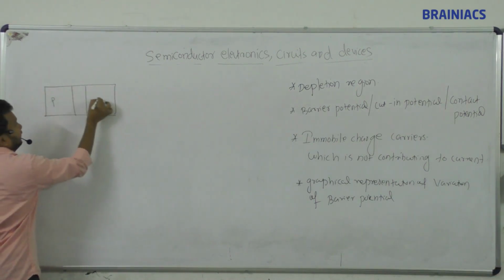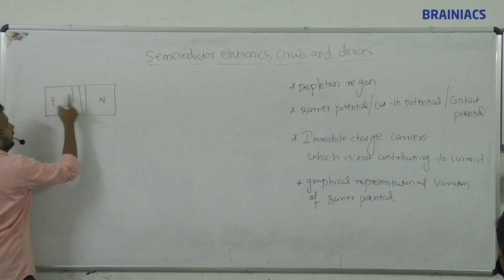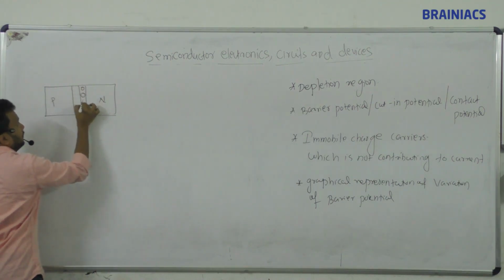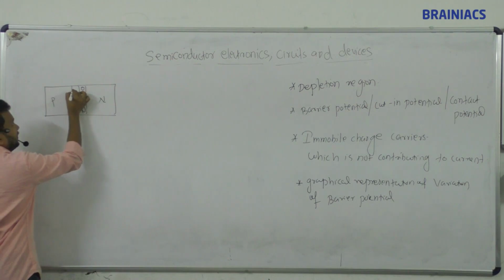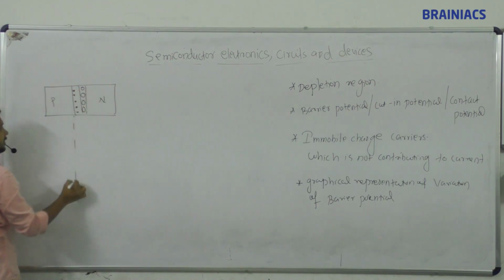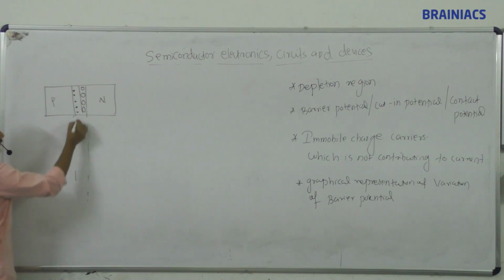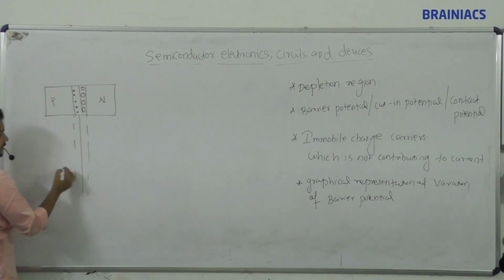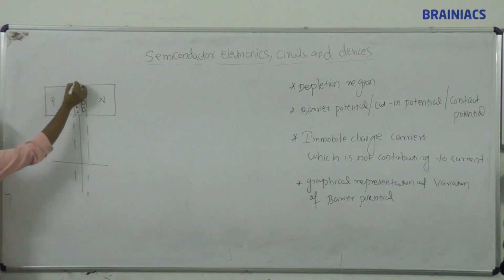This is the P side and this is the N side. Holes will be there on the P side of the depletion region, and electrons will be there on the N side. I am taking this region and extending it, and this is the center of the region. Graph: here positive potential, here negative potential.